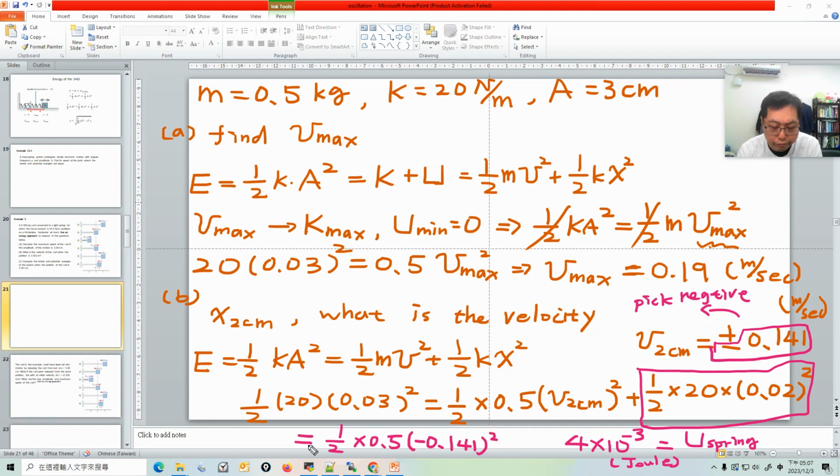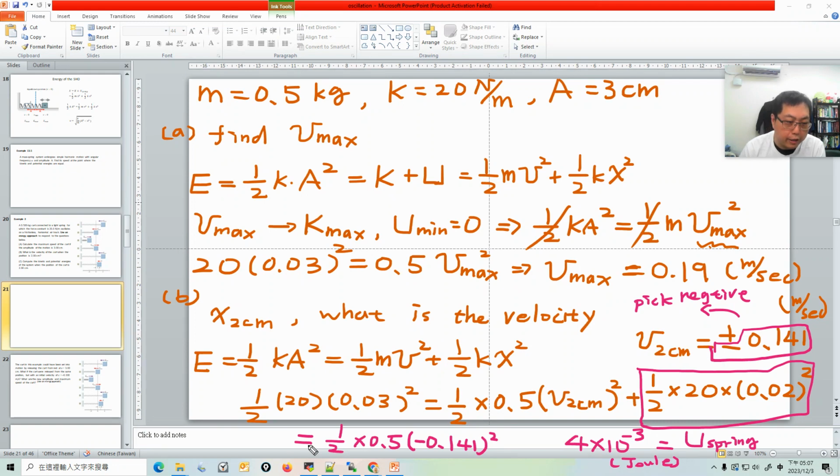What's the value? 0.141 squared times 0.5 divided by 2. It's not a very good looking answer, so let's see if there's a better way.